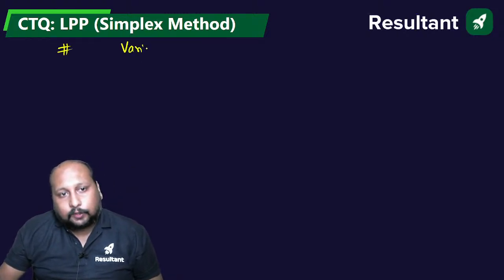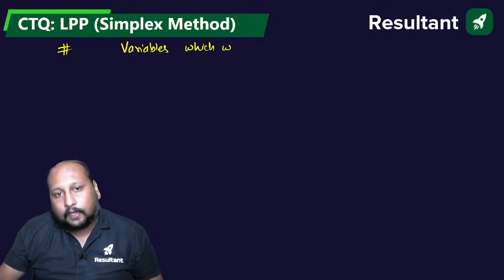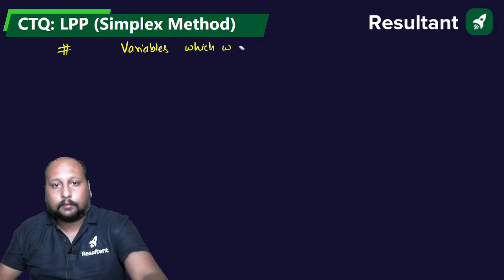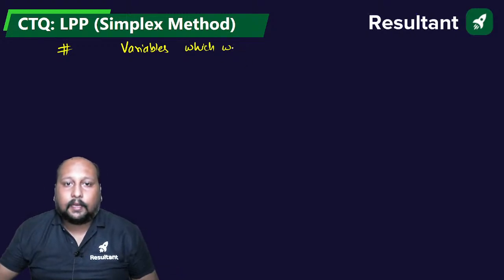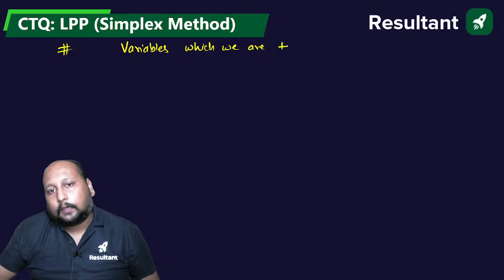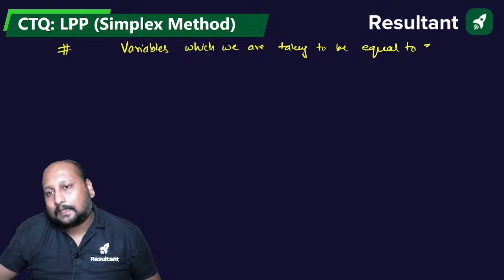Now, a star mark, very important. The variables which we assume to be equal to 0, that kind of variables we call non-basic variables.